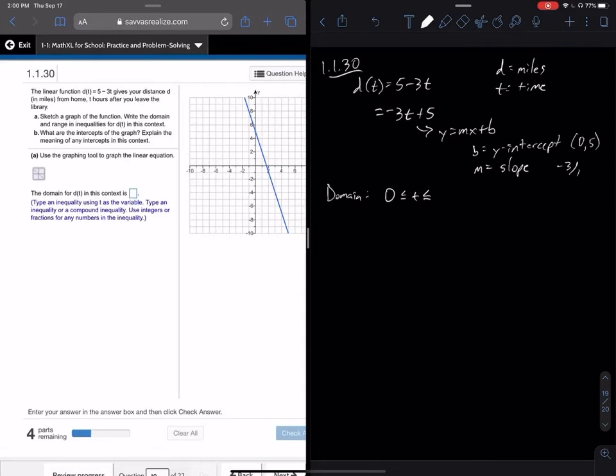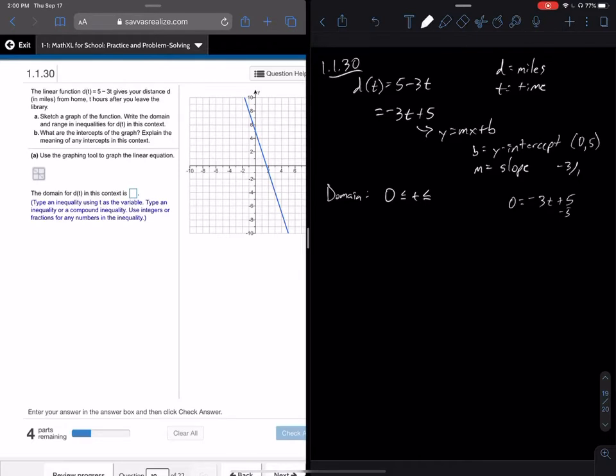Well, the max amount of time is going to be our x-intercept. That's going to be, looks like it's between 1 and 2, a little bit closer to 2. And to find the x-intercept, what I can do is I can set y to be 0. So I'm going to solve this equation for my y value being 0.